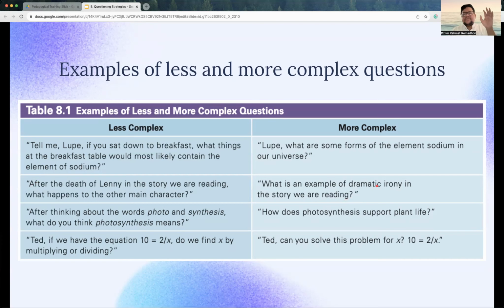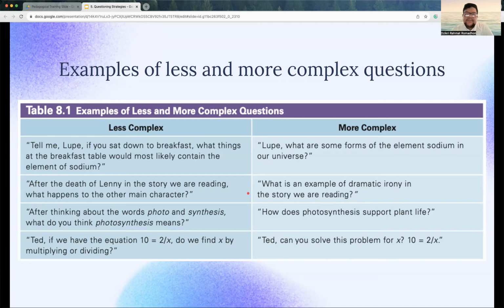So in this sequence of the story, they have to find a specific moment that matches the definition of dramatic irony.